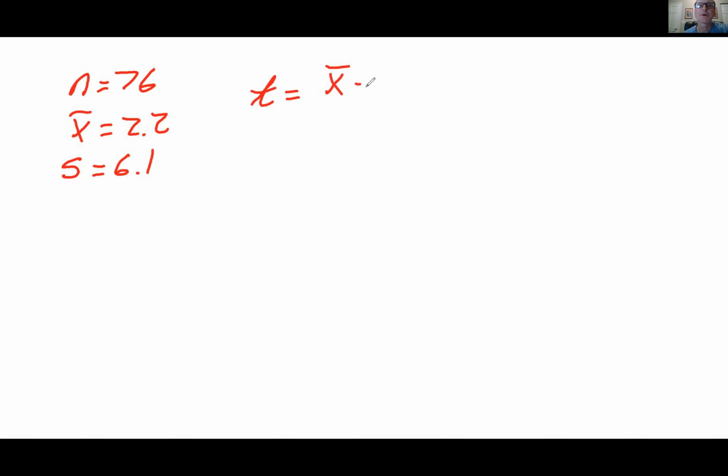So let's walk through the calculation with this one here. We have n equals 76. We had the mean of 2.2, in kilograms, and we had our sample standard deviation, 6.1. So remember, when we do this calculation, our t-value, which is our test statistic, is x-bar minus mu over s over the square root of n.